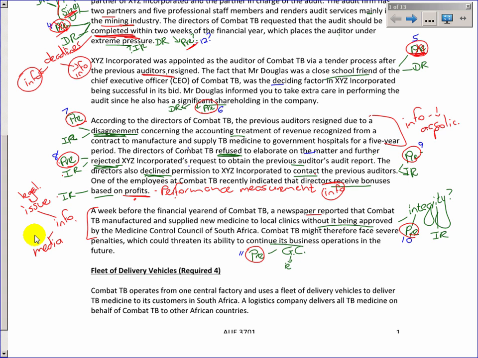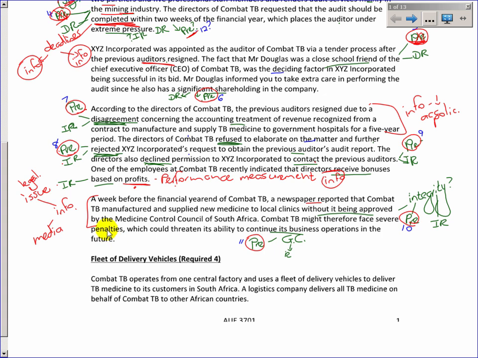Are they fighting some kind of court case? They might therefore face severe penalties, which could threaten their ability to continue as a going concern. So this may impact their future. Is this something that we need to be aware of? No question that this possible penalty, or the possible issues they may face here, is information that I want to know.